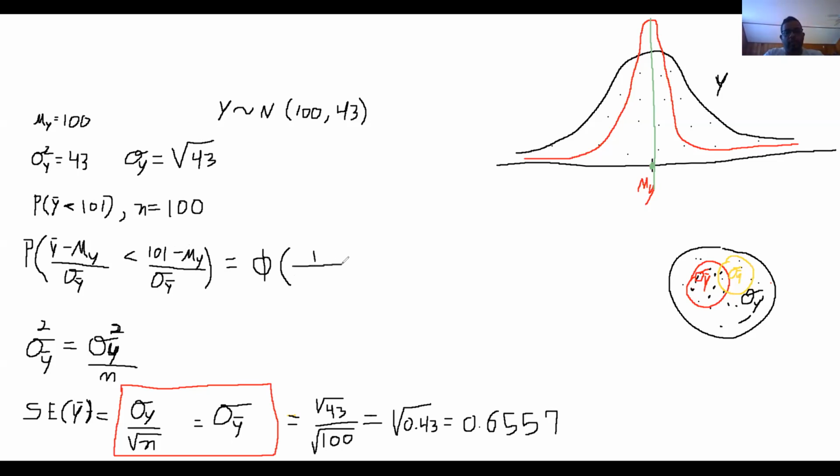So I'm calculating that now, divided by 0.6557. Right. So I did the normal distribution. I'm probably going a little bit further, but yeah, that's okay.